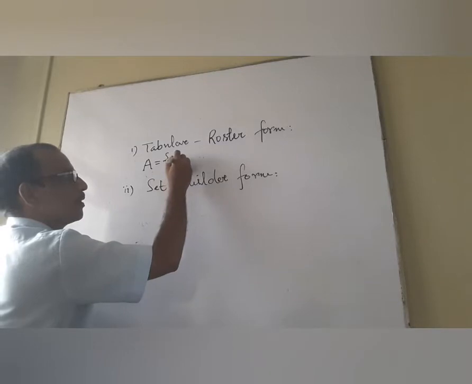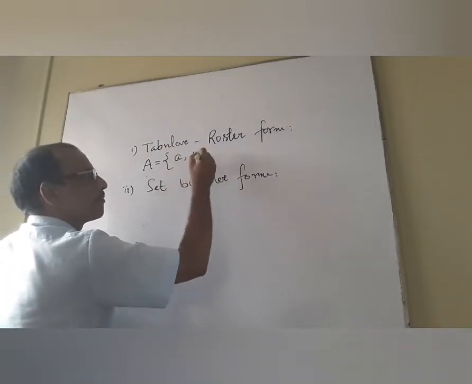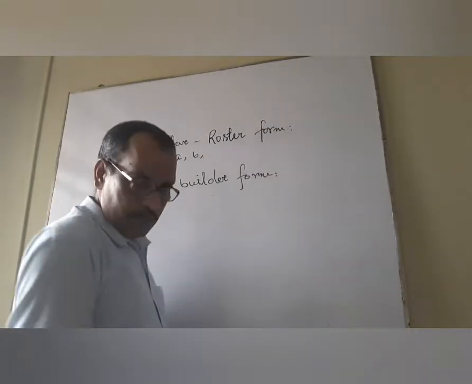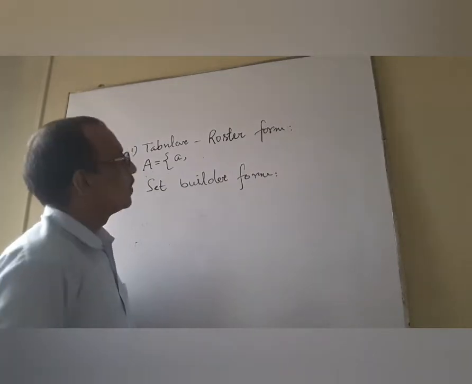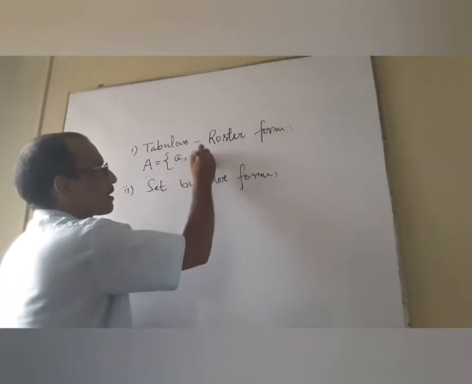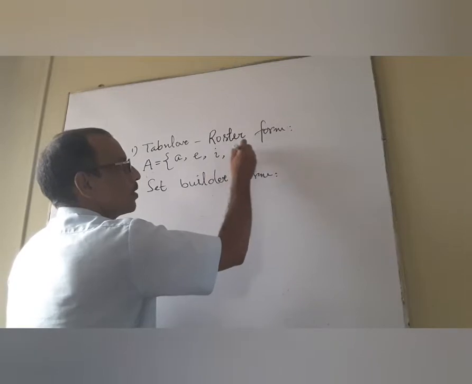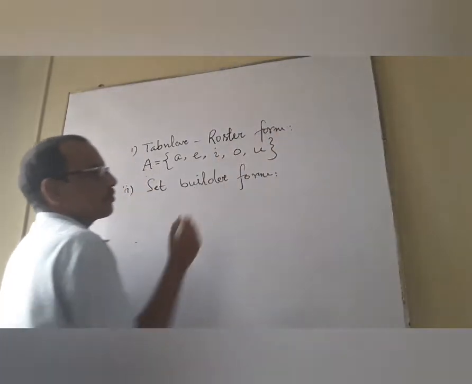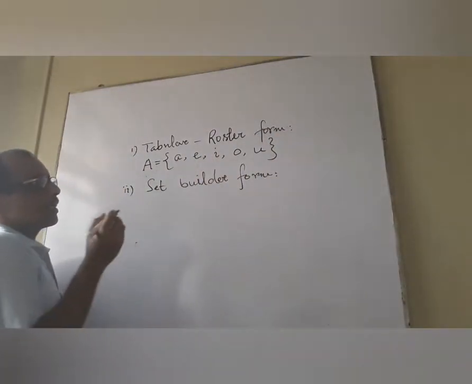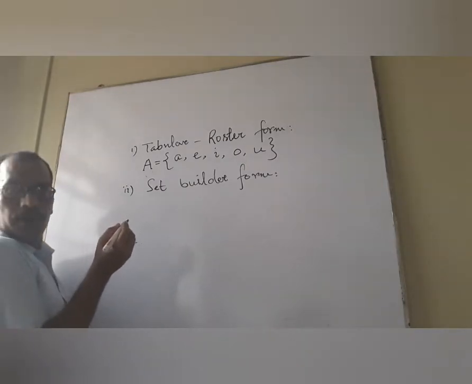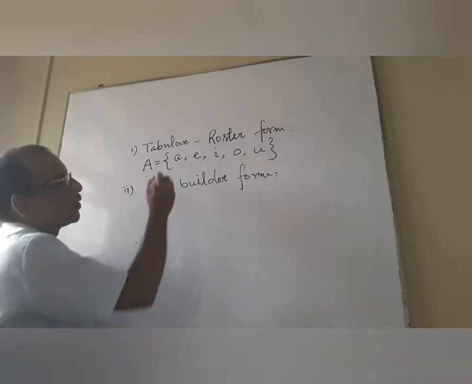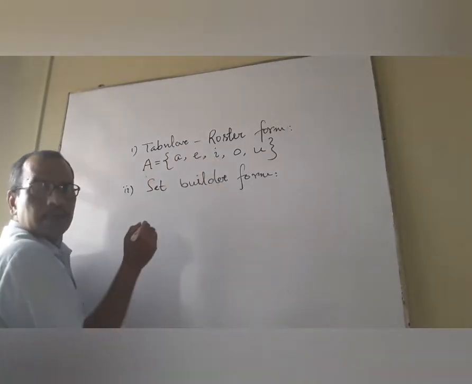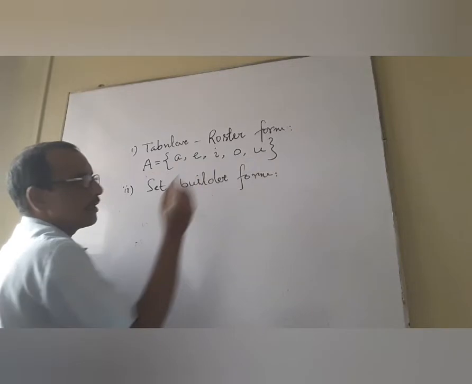In roster form, we have to write all the elements one by one: A, E, I, O, U. So this is the way of writing in tabular or roster form. All the elements we have to write one by one within the braces, with a comma in between the elements.